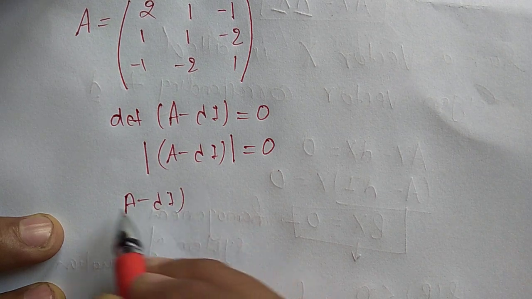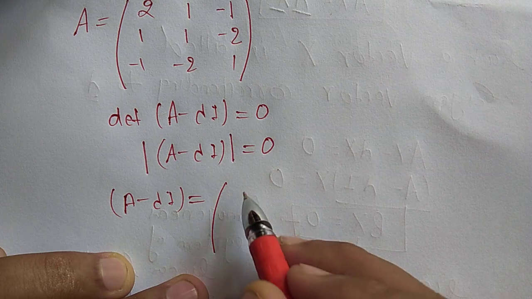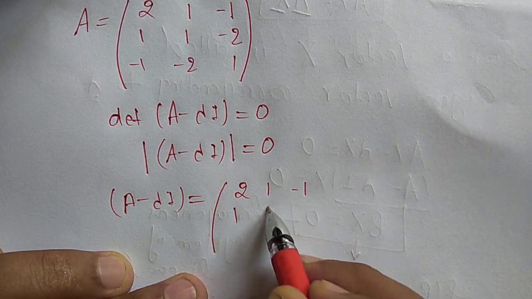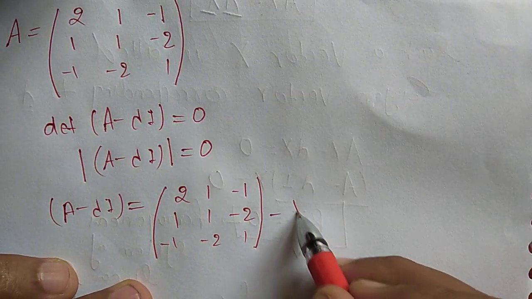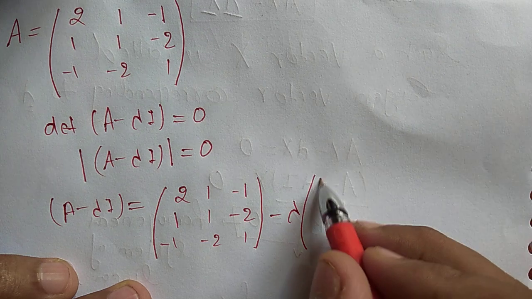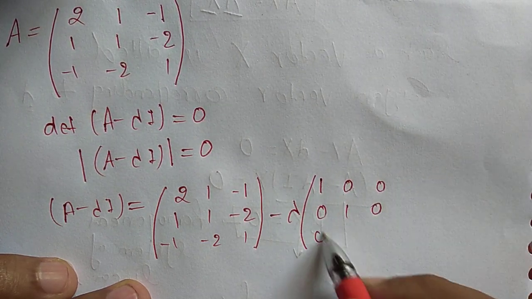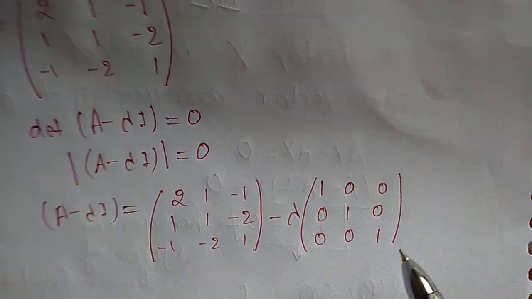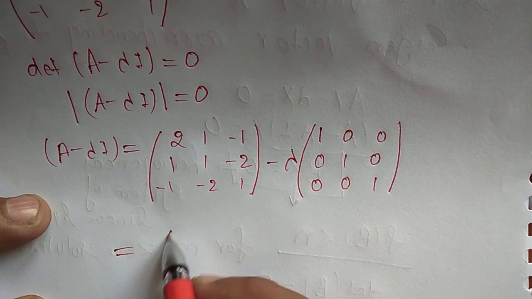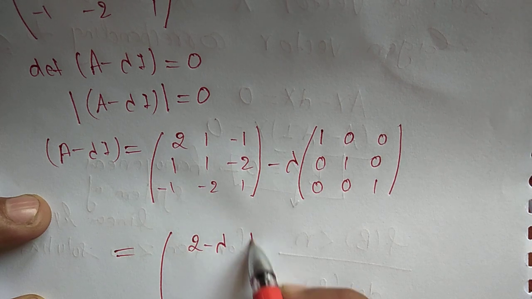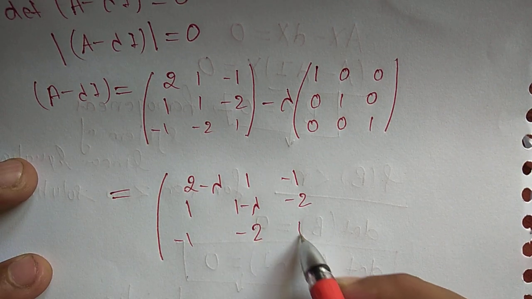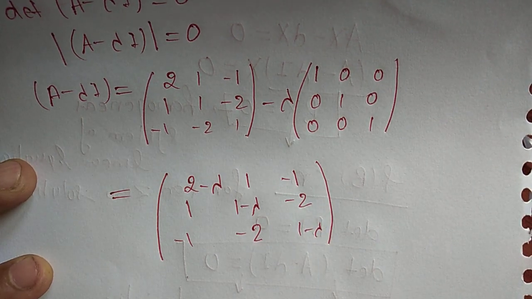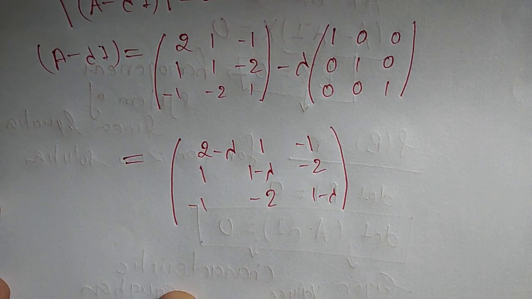A minus lambda times the identity matrix, with rows 1 0 0, 0 1 0, 0 0 1. This will be the matrix with rows 2 minus lambda, 1, minus 1; 1, 1 minus lambda, minus 2; minus 1, minus 2, and 1 minus lambda. So this is your A minus lambda I.